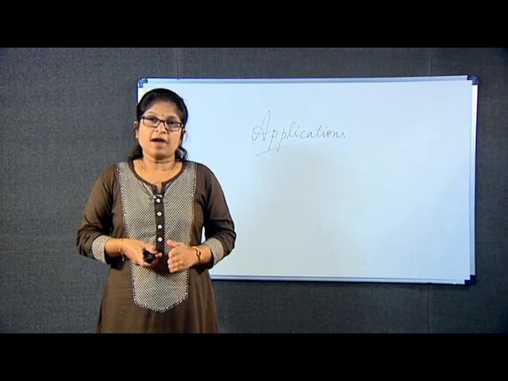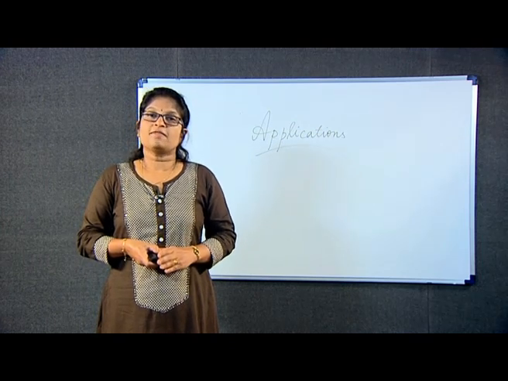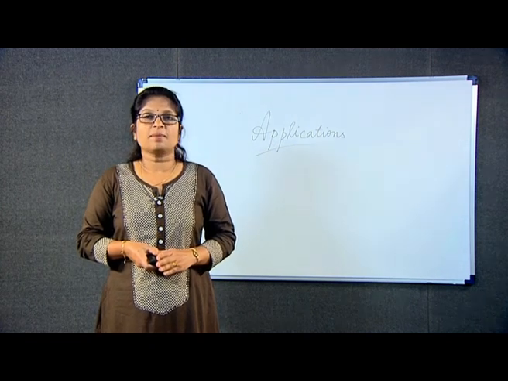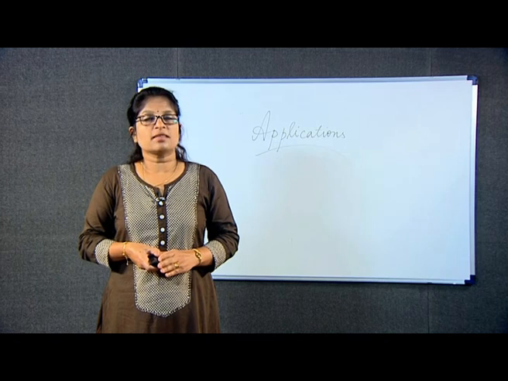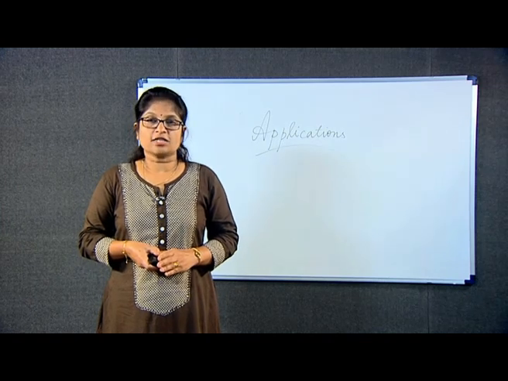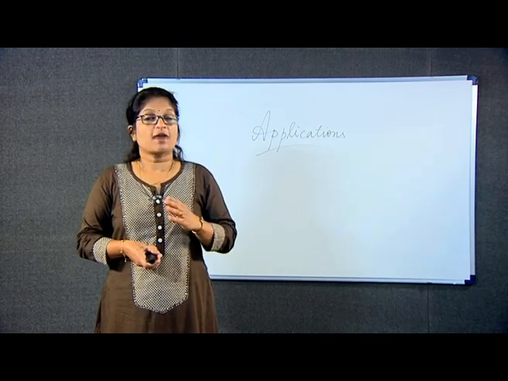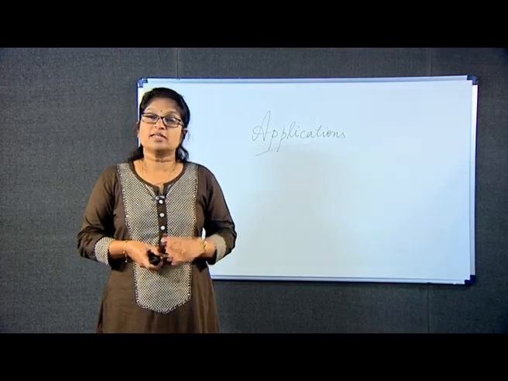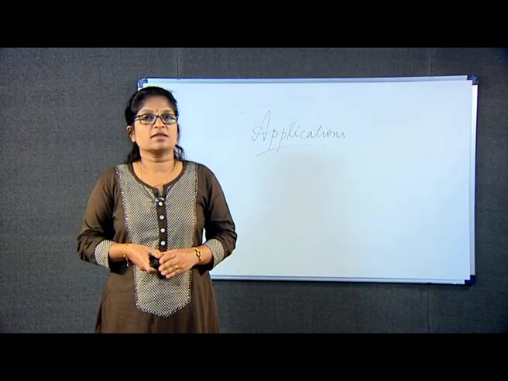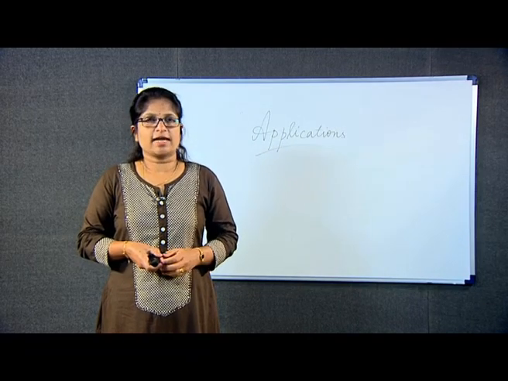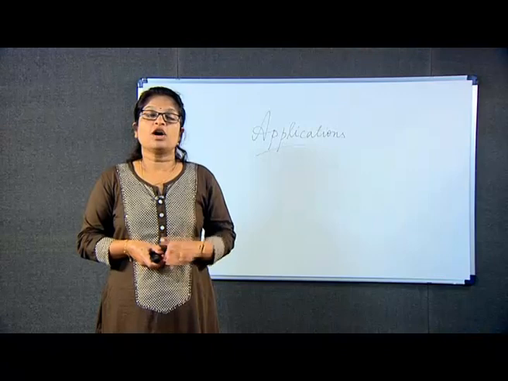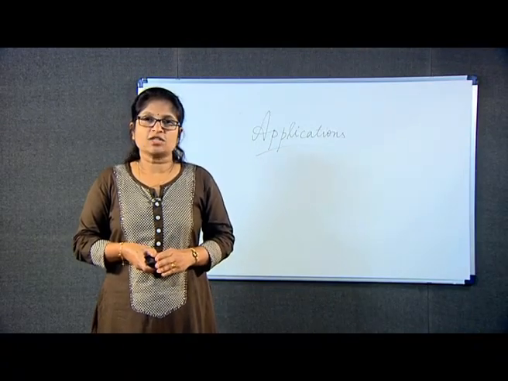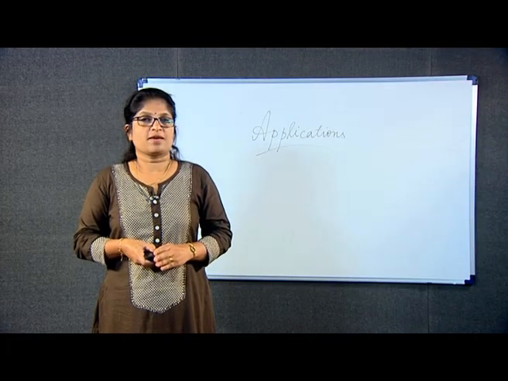So, apart from using the analytic property and finding the conjugates, we have also learned an alternate method, that is Milne-Thomson's method, to find the analytic function f of z if either u is given or v is given, or else u plus v or u minus v is given, not necessarily any linear combination of u and v are given. Still you can find the analytic function f of z, u plus iv.